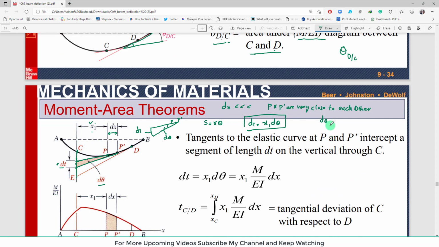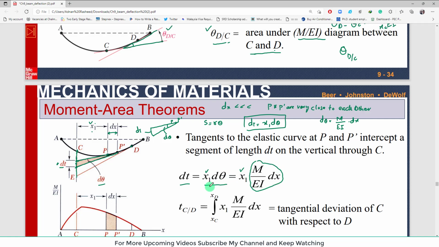So you can see it is written over here that dt is equal to x1 into d theta. So x1 will remain over here, and instead of d theta we have written m over ei into dx. Clear? So dt is equal to x1 into m over ei into dx.